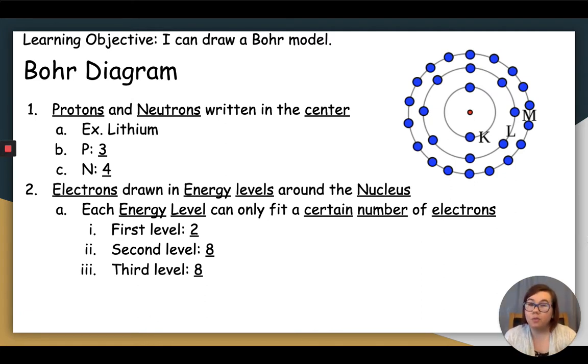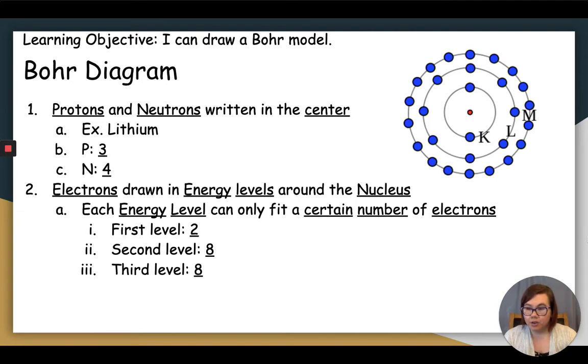So one example would be lithium, which has an atomic number of 3, which tells us that there are 3 protons, and it has a mass number of 7, which lets us figure out that there are 4 neutrons. And all you need to do with these Bohr models is, as I'll show you, write those numbers in the center, in the nucleus.